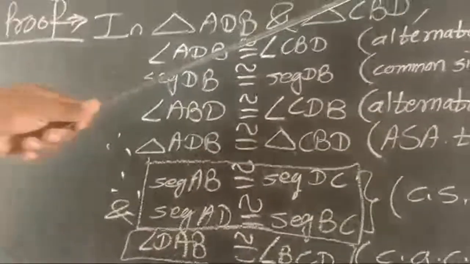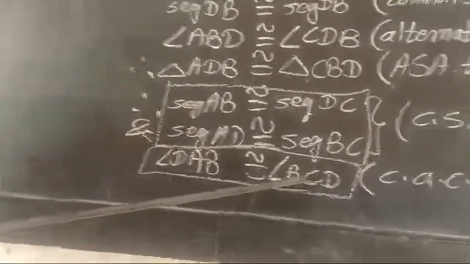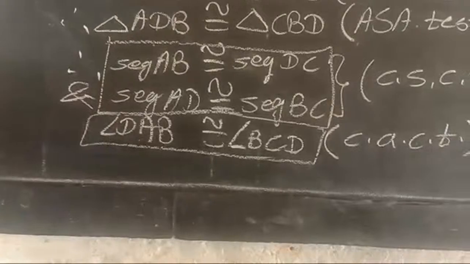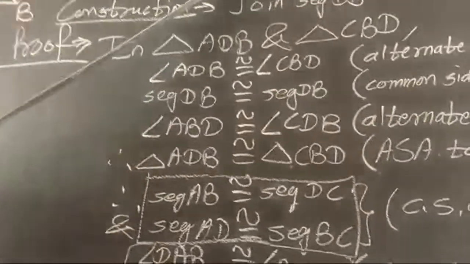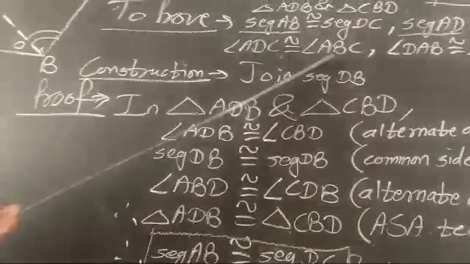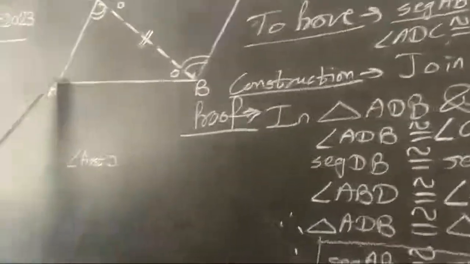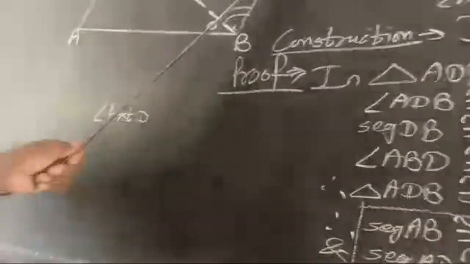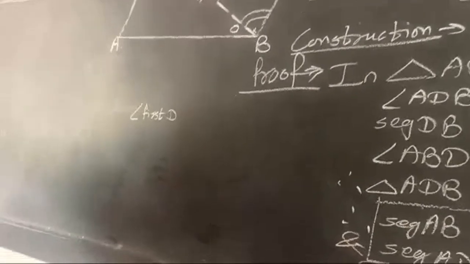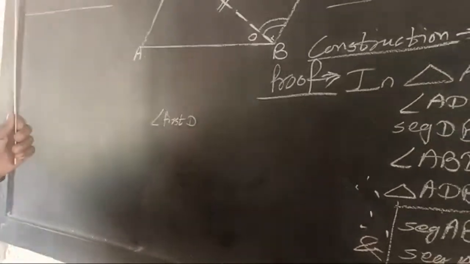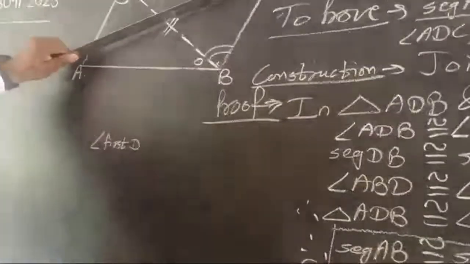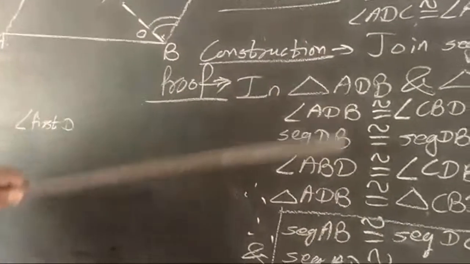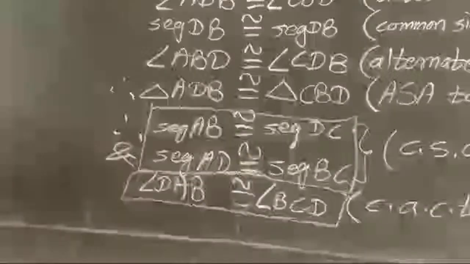Which part remains? DAB and DCB are present here. The remaining ones are ADC and ABC. For showing ADC and ABC, which diagonal do we join? Join AC, and applying the same method we can prove that.